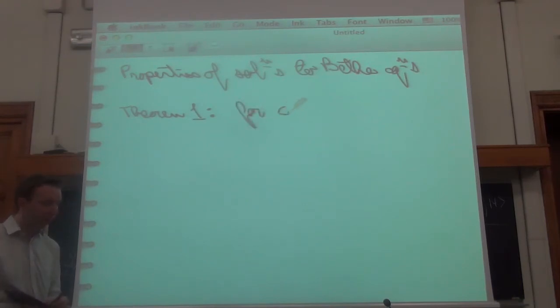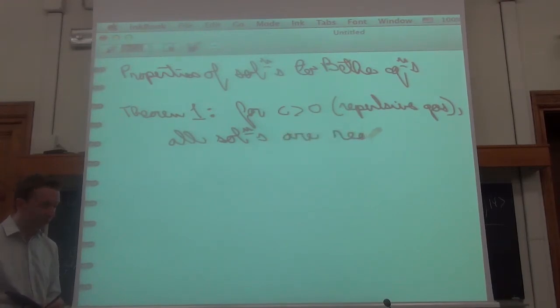For c greater than 0, so the repulsive gas, all solutions are real. Okay? Proof?